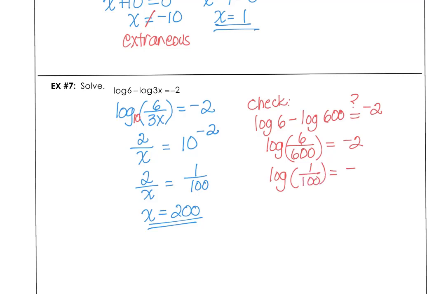And here you can see that property. 10 to the negative 2 power is definitely equal to 1 over 100. So it is true and it checks. And we have finished lesson 5.